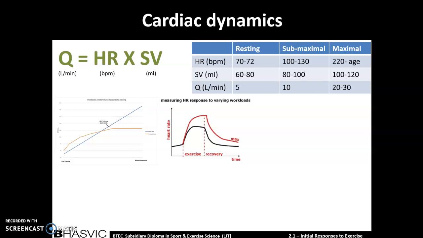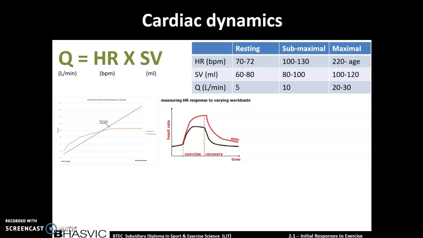And because heart rate is increasing, that means there's less time for the cardiac cycle to occur, and that means there's less time for specifically diastole to take place, so for blood to flow into the atrium or the atria, and then atrial systole, forcing the blood into the ventricles, and the ventricular systole forcing the blood out.